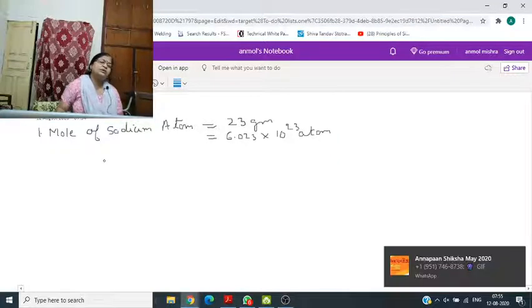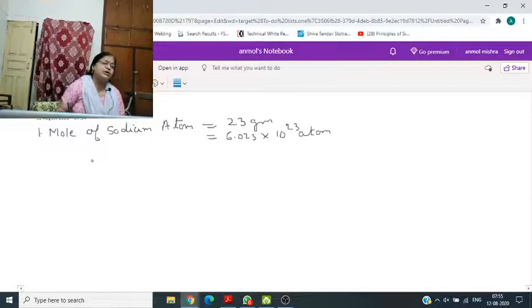So either sodium, oxygen, whatever it is, even if it is a compound, suppose 1 mole of water.